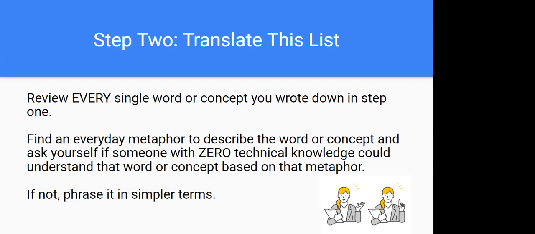So very diligently, word by word, concept by concept, once you've got that list of features and, to the extent possible, benefits, like it's super hot, or it can be really hot, or it won't melt, or it won't corrode, or it's very malleable, you need to phrase those in metaphors.